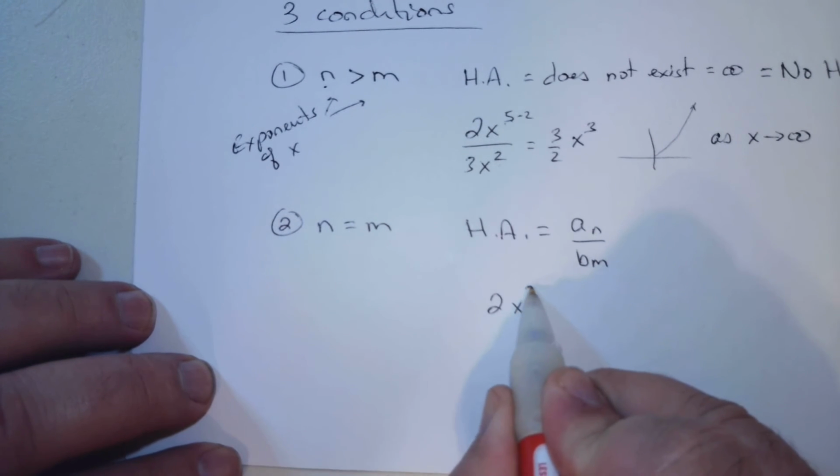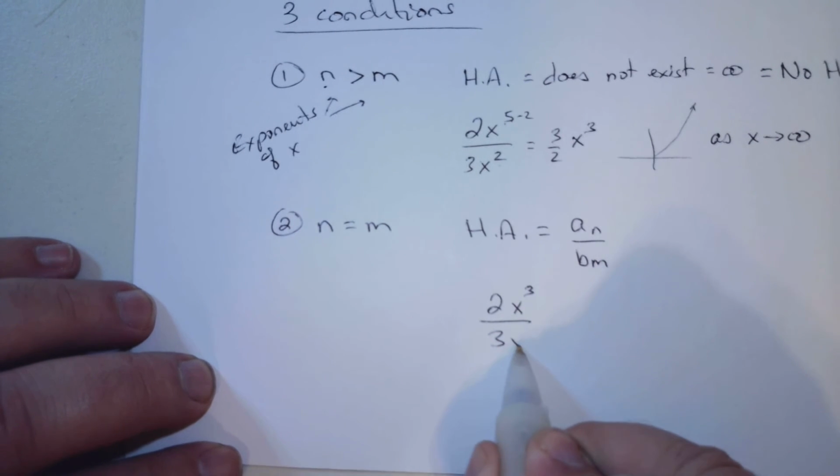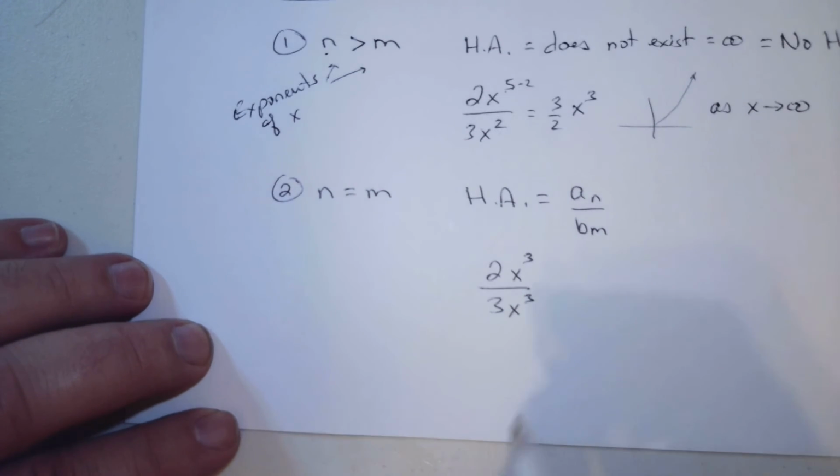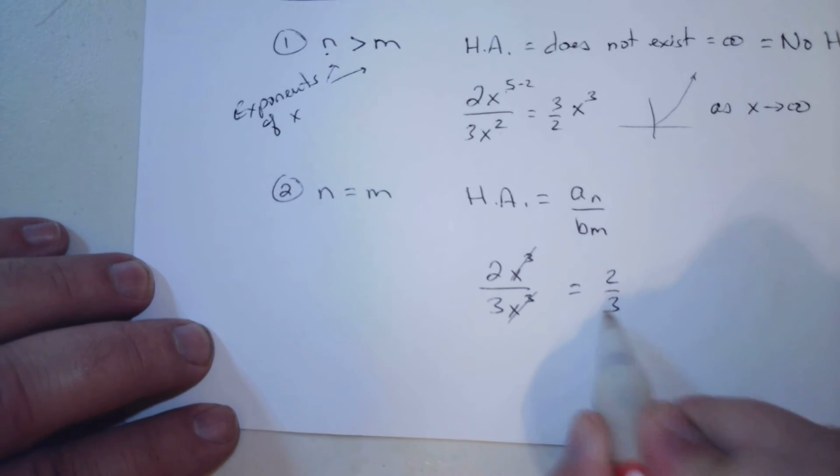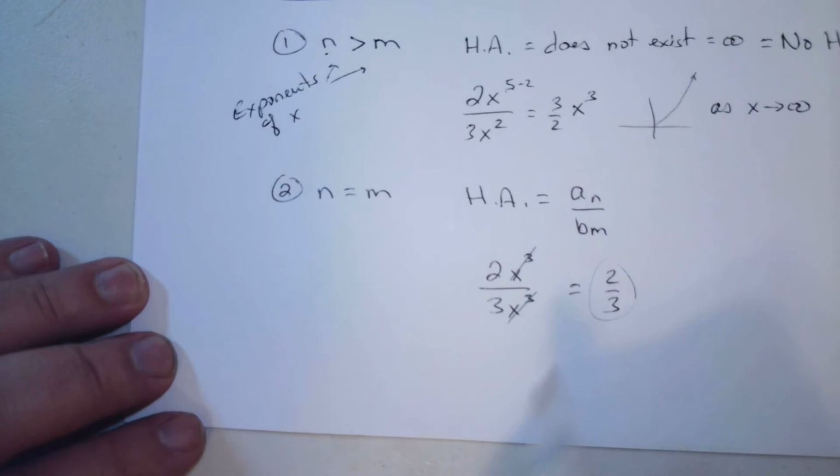Two x to the third over 3x to the third. Since they're the same, they cancel out. We're left with 2 over 3, which is the leading coefficients.